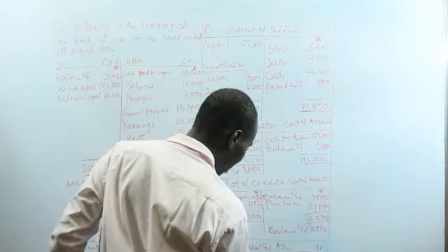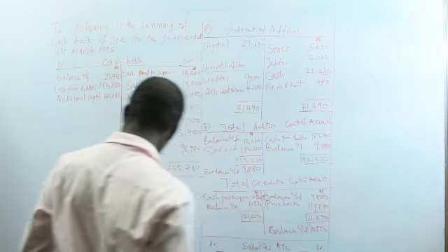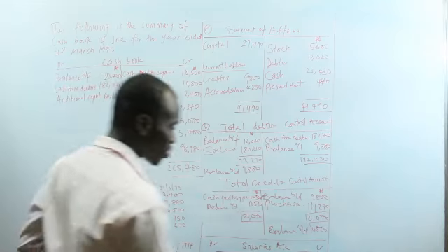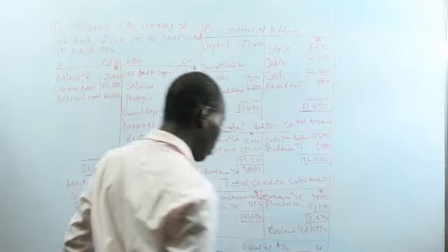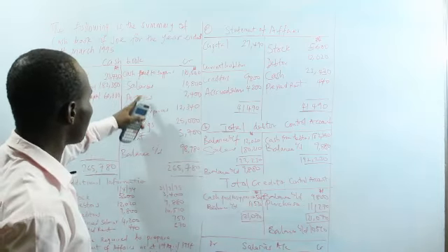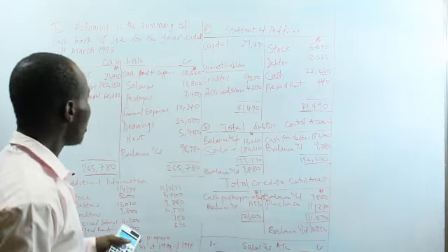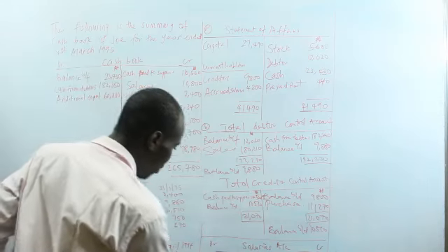So we have balance brought down. The opening balance is 4,200. The next thing is salaries paid during the period. The double entry is to credit the cash book and debit the salaries account.